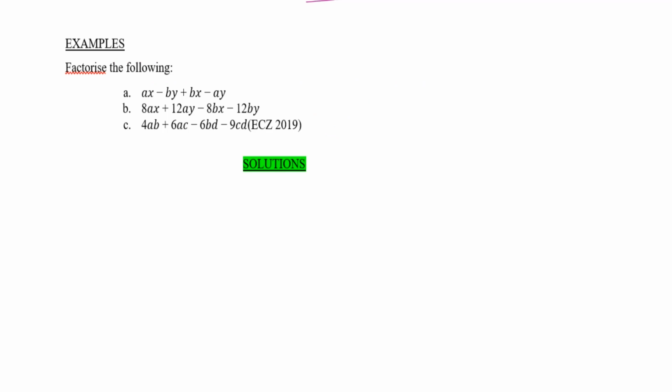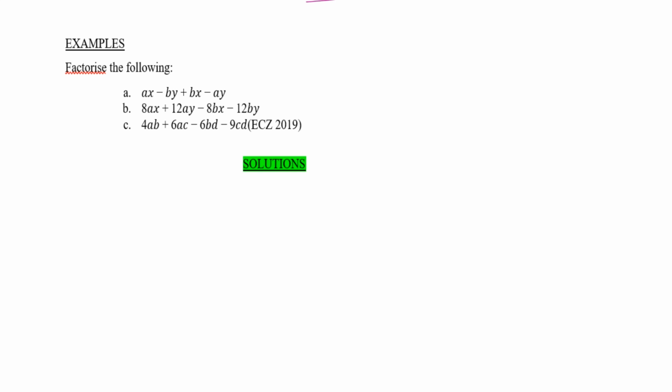Looking at the examples, we have to factorize the following. We have ax plus by plus bx minus ay for question A. Question B, we are saying 8ax plus 12ay minus 8bx minus 12by.